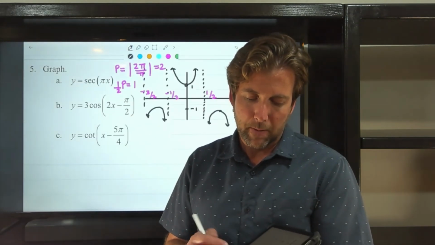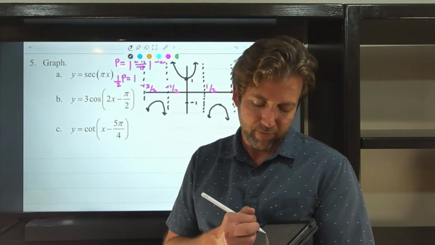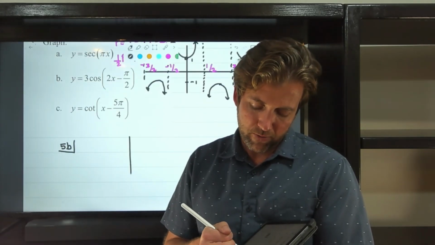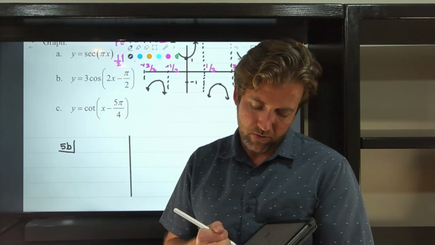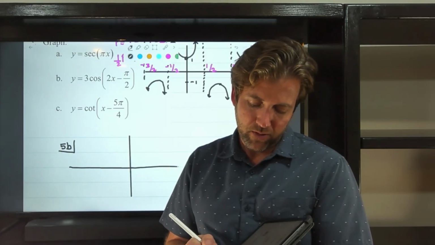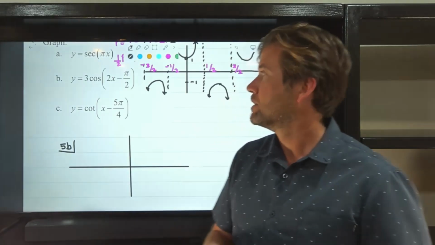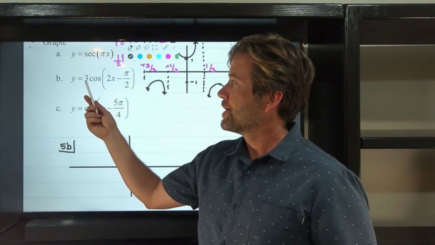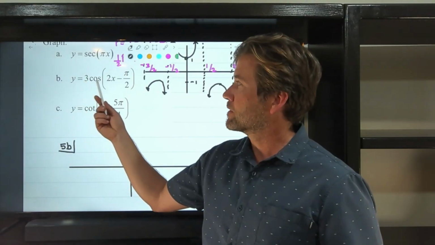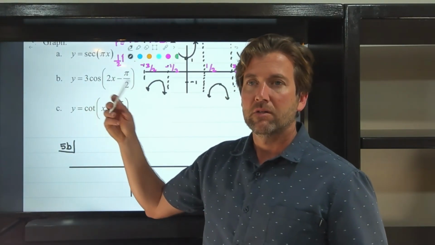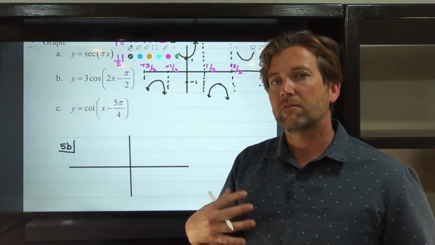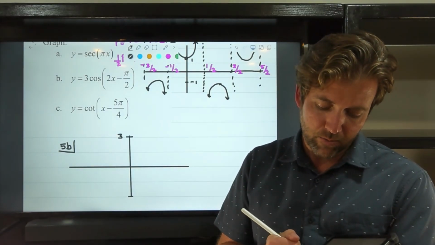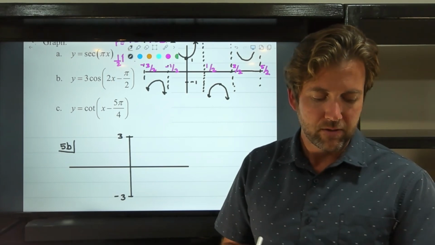Let's graph 5b. My preference would be to look at the amplitude, or this output stretch of the cosine function of 3. So I'm going to label my relative min and max on the y-axis by labeling this 3 and labeling this -3.